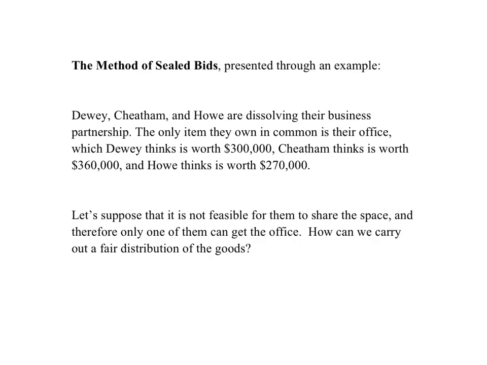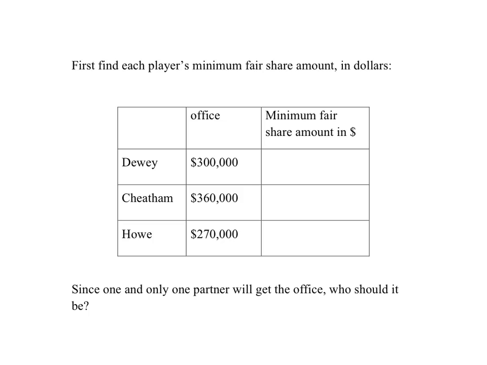And let's suppose that it's not feasible for them to share the space in ways that we've looked at in the previous chapter. Only one of them can get the office. So how can we carry out a fair distribution of the goods? That means one person gets the office and other people get what? Well, we'll see what. First, let's find each player's minimum fair share amount in dollars.